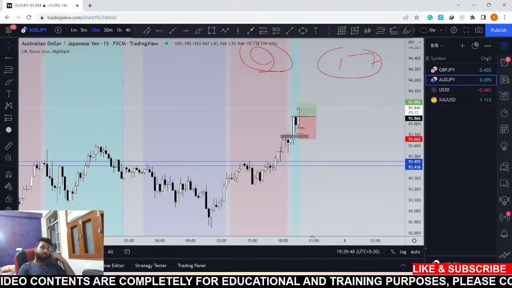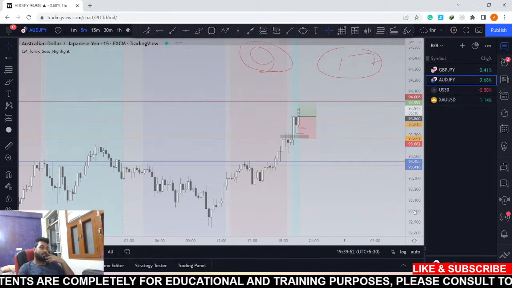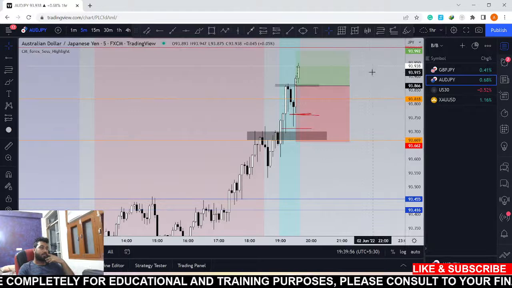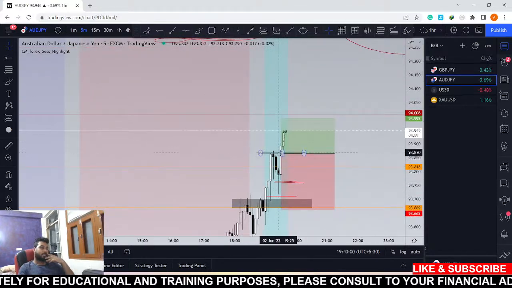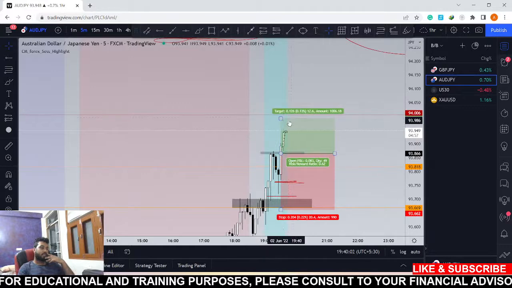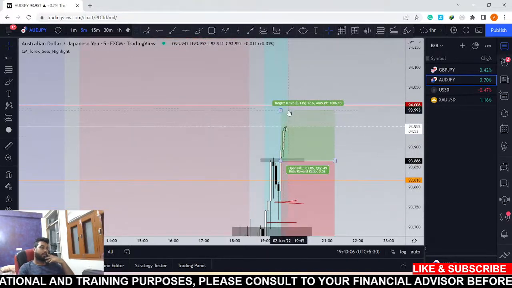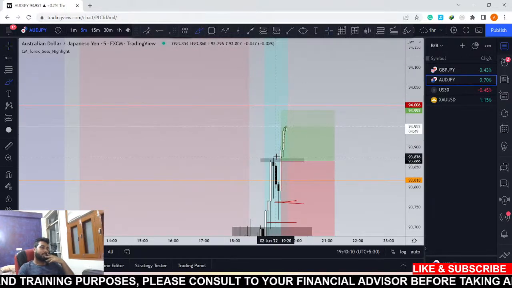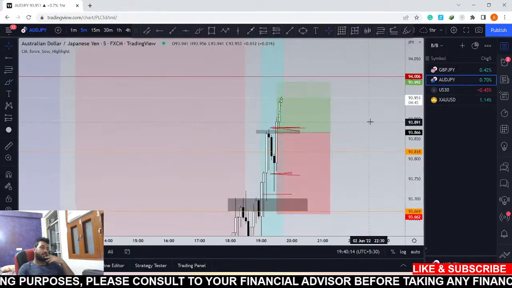It is also doing what I said: if a 5 minute candle closes above that resistance, then, see, this 5 minute candle closes above this resistance, there was a high chance that it will take profit. If I were in this trade, I would be managing my SL just below this candle.